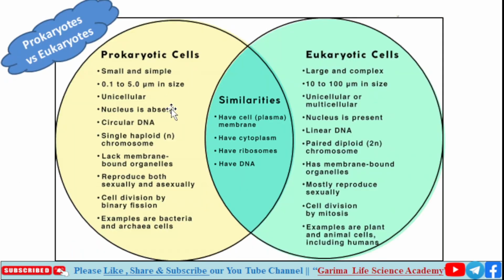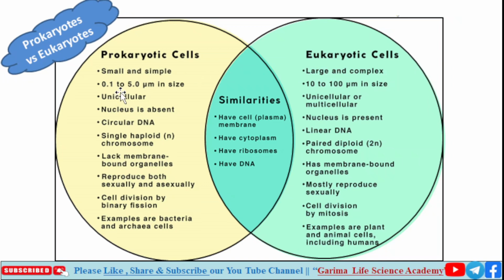In this diagram, we are going to show the similarities and differences between prokaryotic cells and eukaryotic cells. Prokaryotic cells are small and simple, but eukaryotic cells are large and complex.